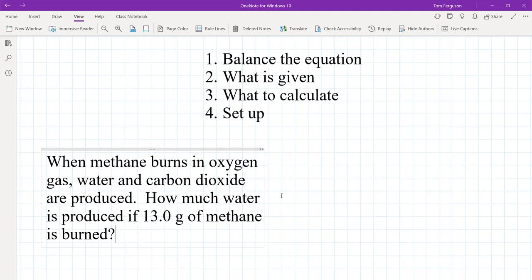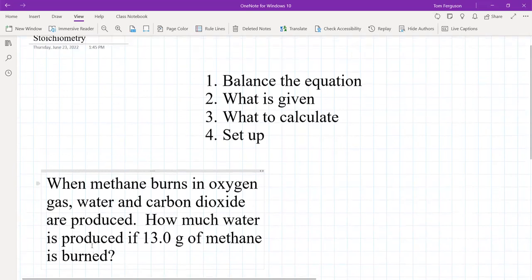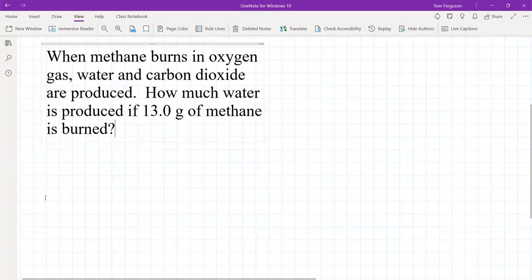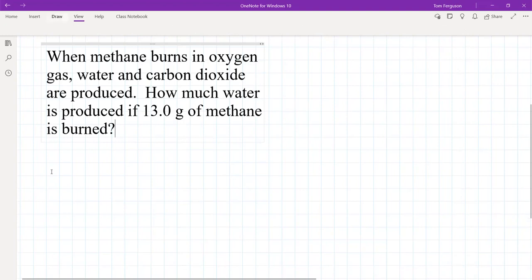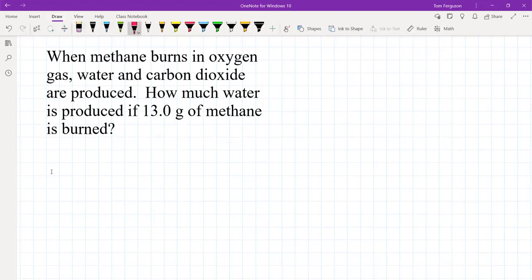Okay, so first of all, whenever you have a chemical reaction, you've got to have the actual reaction there, because the first step is to balance it. Methane is CH4. Oxygen gas. Remember, there are 2 arrows there.